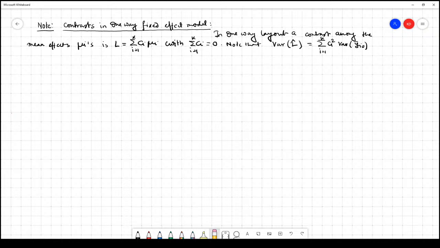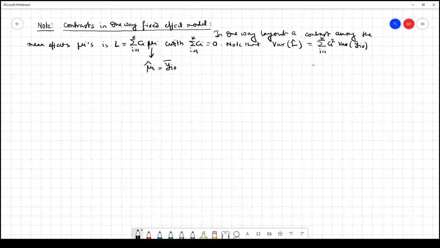And we know this mu I hat is the least square estimate of mu I. This is nothing but yi naught bar, if you do not consider the additive constant mu, just your model is yij equal to mu I plus epsilon ij. So in that case, variance of L hat is this.